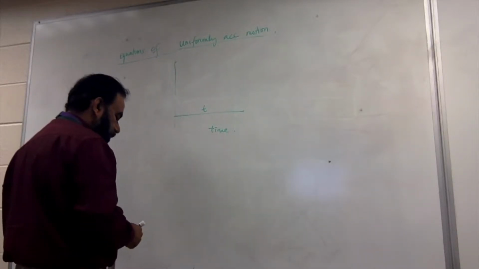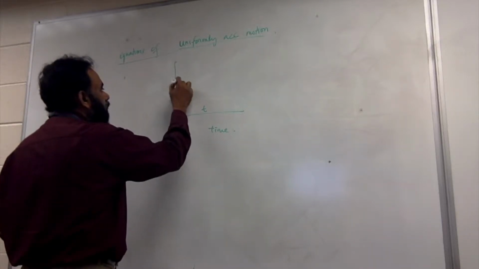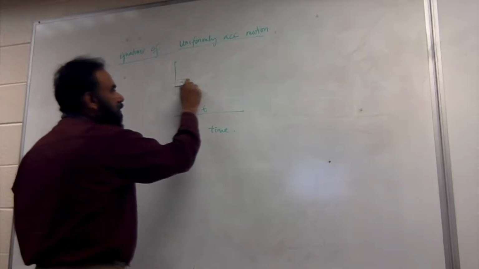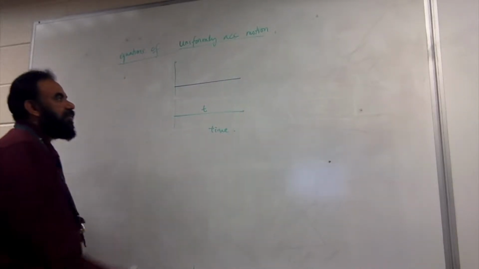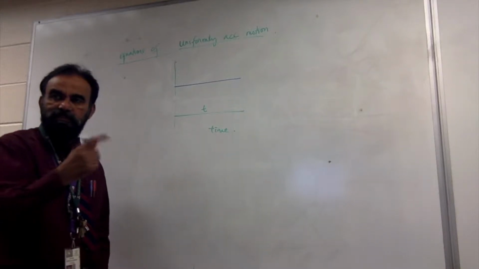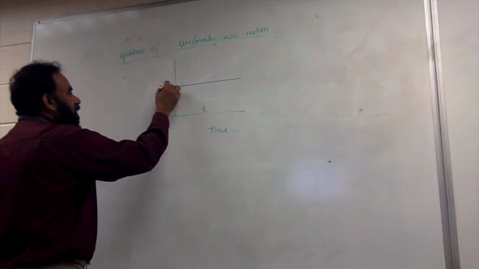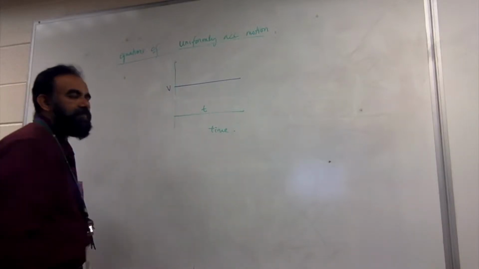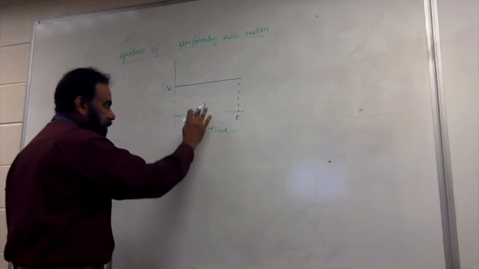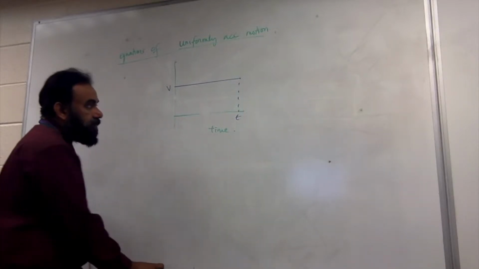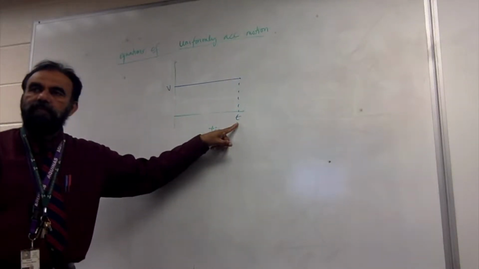Suppose something is moving like this. If something is moving like that, what is the acceleration? Zero acceleration. So suppose something is moving at a certain speed v for a particular time t.